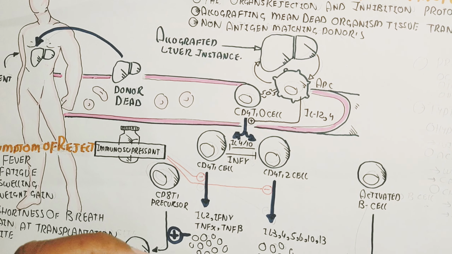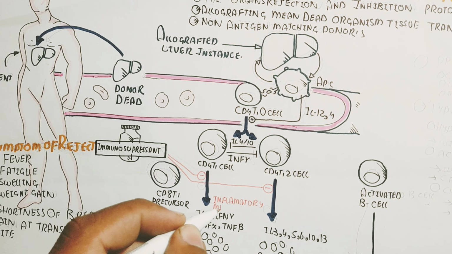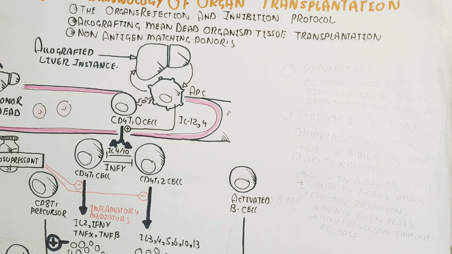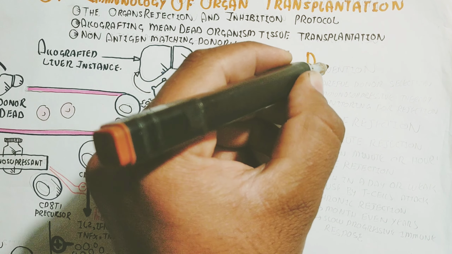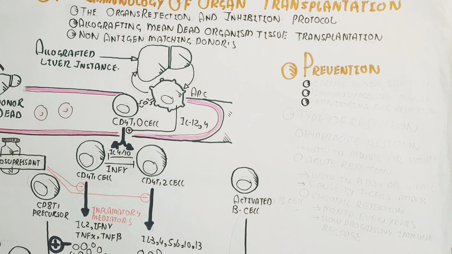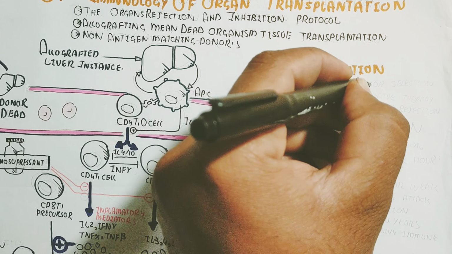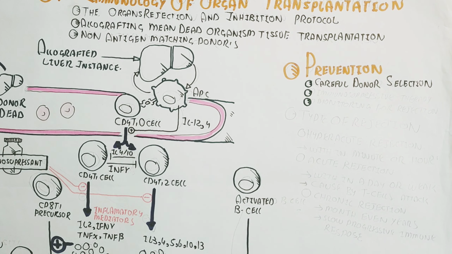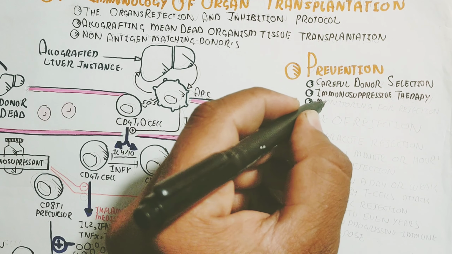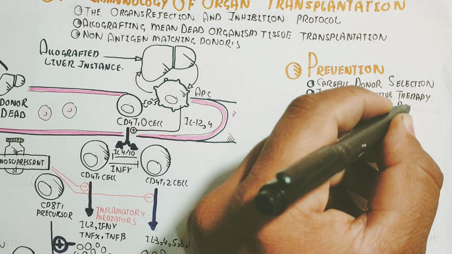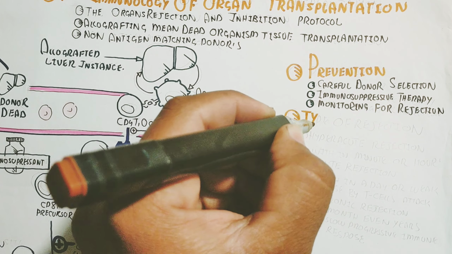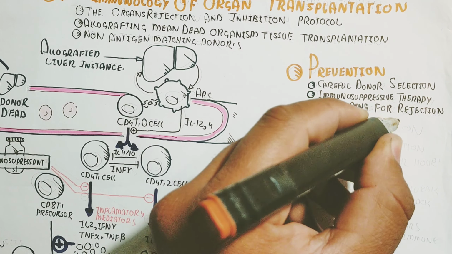The immunosuppressant inhibits the CD4 Th1 cell and CD4 Th2 cell, inhibiting the immune response process and preventing inflammation. Everybody who has transplanted tissue from a donor should use immunosuppressants as prescribed by the doctor. Remember, careful donor selection can maximize prevention of rejection of the allografted tissue, along with immunosuppressive drug therapy and monitoring for rejection, with daily blood checkups for antibodies against the allografted tissue.